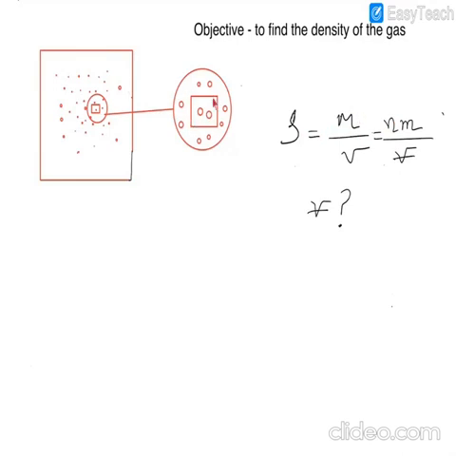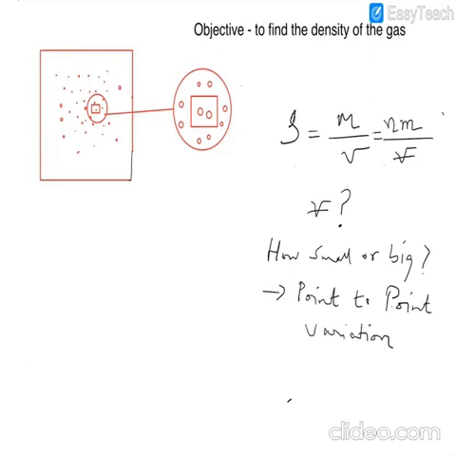Now the question is how small or maybe how big it should be, so as to get point-to-point variation.